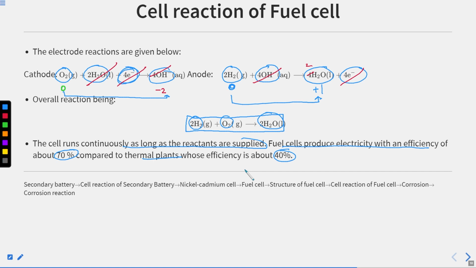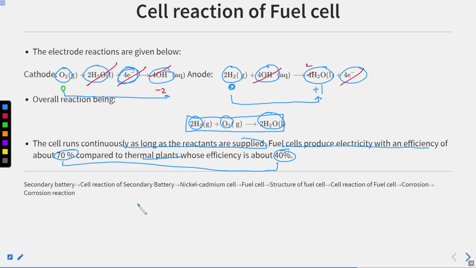But if you compare it with this fuel cell, it is 70%. You can see the dramatic difference between these two. Going from 40% to 70% is a huge success. Why? Because in science we work very hard to increase this percentage by even 1. To increase the efficiency by 1 would have been a great achievement, but here we are increasing it by 30%.